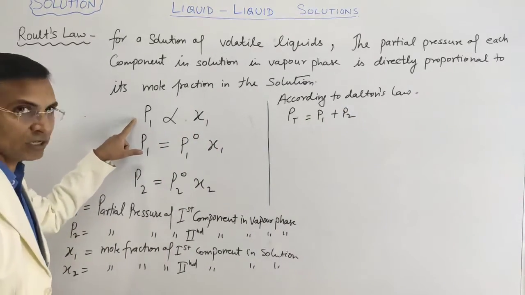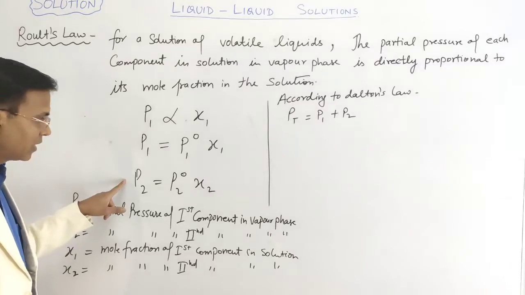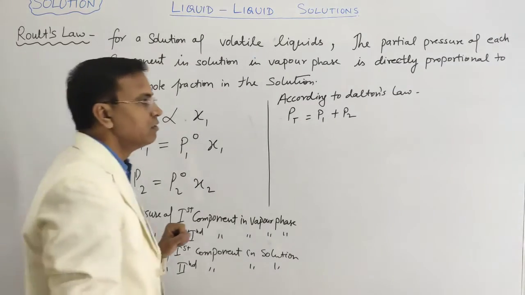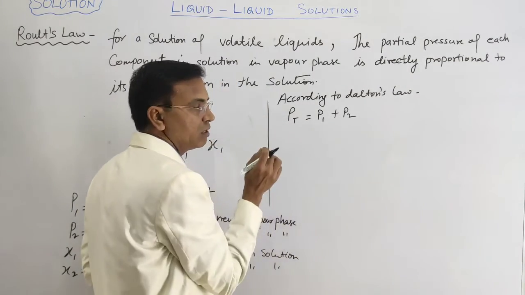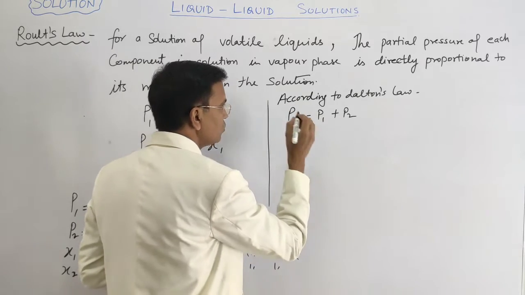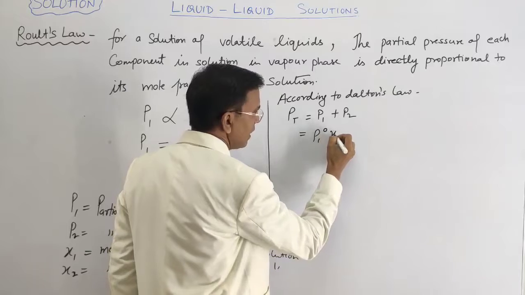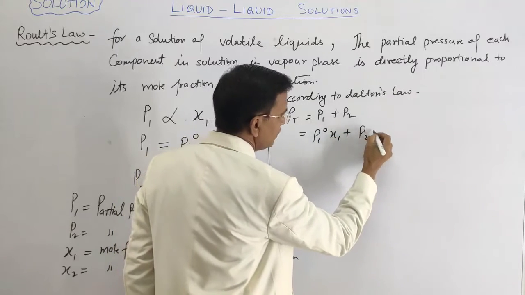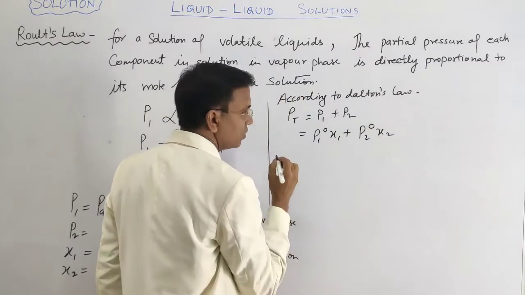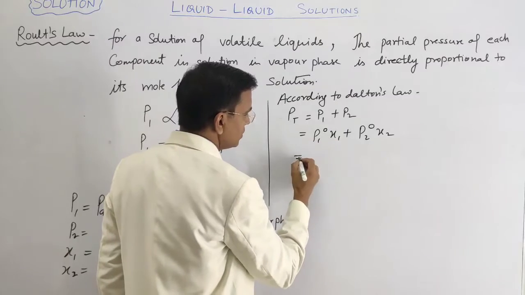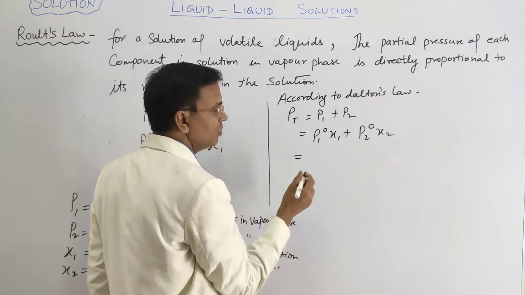P1 is the partial pressure of first component, P2 partial pressure of second component. The total pressure is P1 plus P2. So here P1 can be replaced by P1 naught x1 and P2 with P2 naught x2, right? So P1 naught x1 plus P2 naught x2.